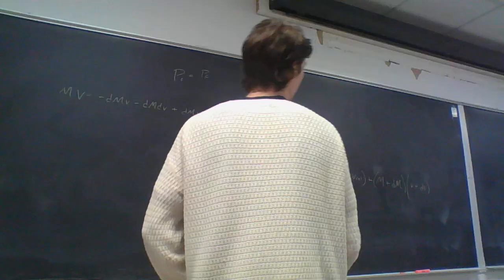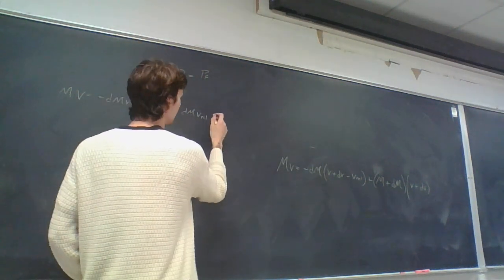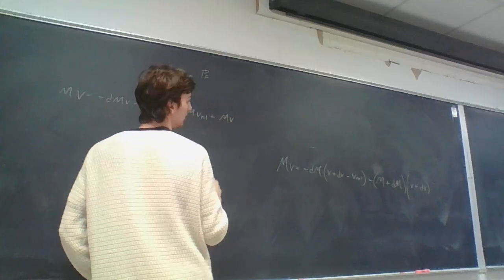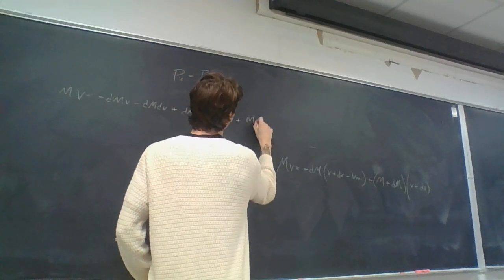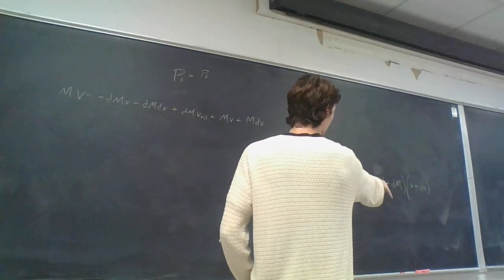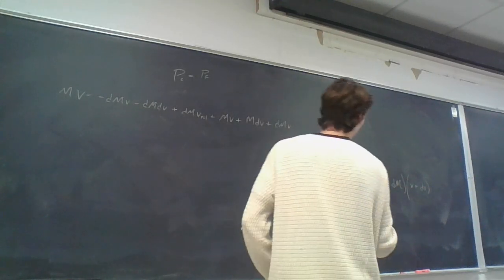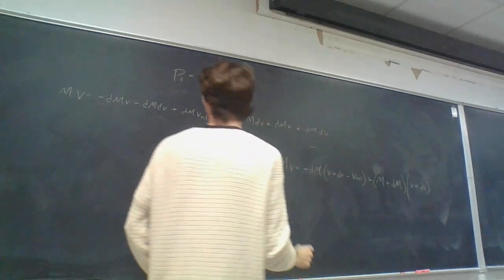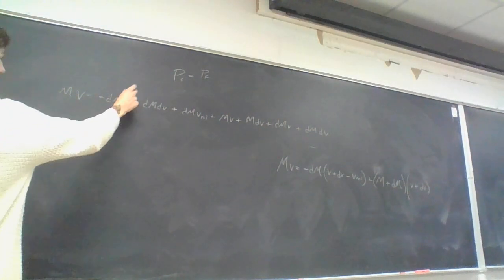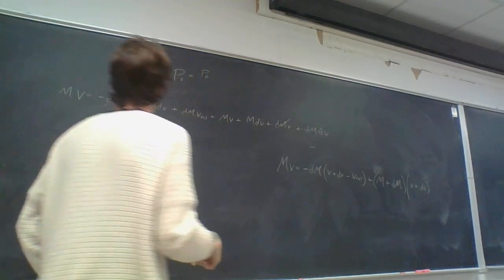And then we can FOIL that guy, so it'll be Mv plus M dv plus dm v plus dm dv. So right off the bat, that goes away.